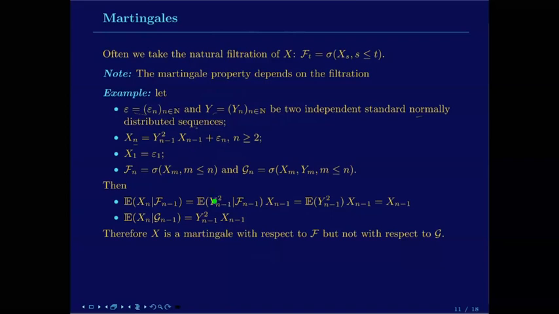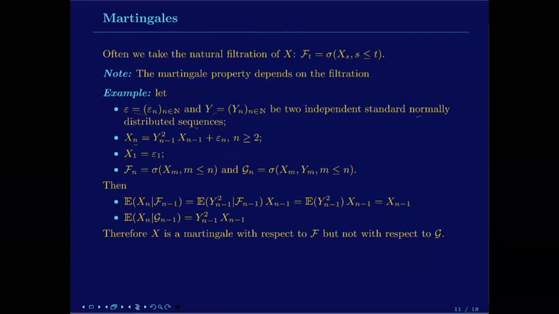So actually this particular value is first included in the x n, so it's independent of the complete path of the process. And by that, it is clear that we simply have here the second moment of this random variable. And because we have a standard normally distributed sequence, this is simply 1. So we have indeed here this martingale property. Our x n behaves like a random walk, at least on average.